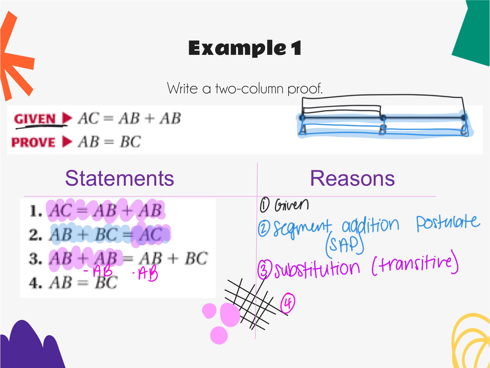So for step 4, subtraction property of equality, POE. All right, questions on this one? Not too hard, right? Just following along, showing my work, understanding what it's asking me, and looking at previous information.